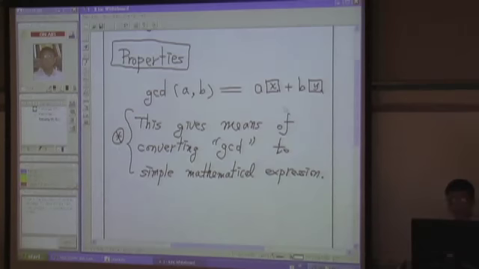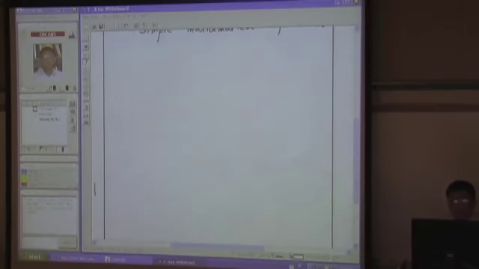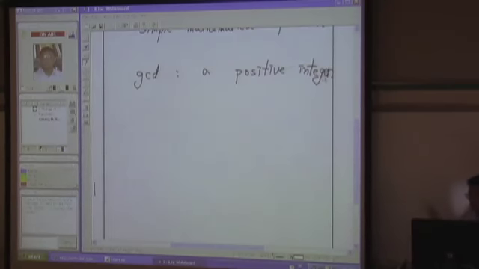Then assume that GCD happened to be 1. GCD is an integer. So GCD is always a positive integer. So once you see GCD, it is always a positive integer. It cannot be 0. Then what can you say?